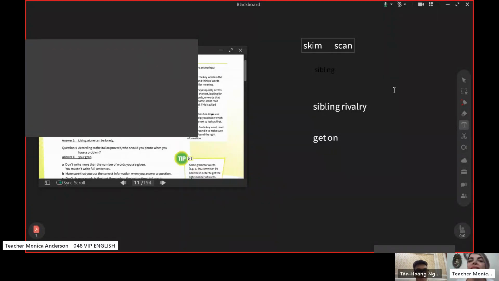But when you scan the text, you need to read it carefully and pay attention to details, dates, everything. So this is about scanning. So we have two methods to read a text and answer the questions in reading. Okay, get it? Yes, okay.